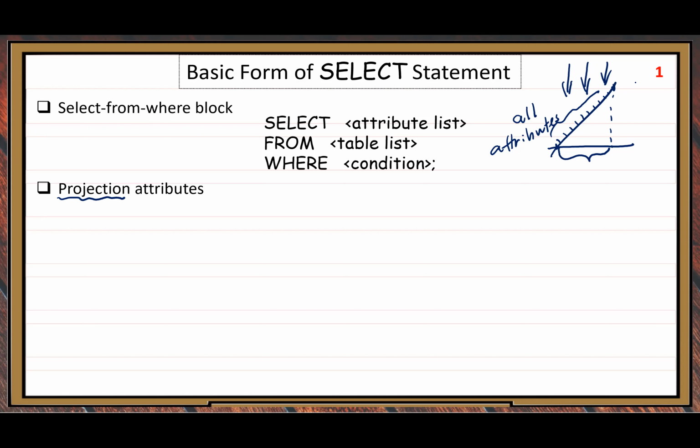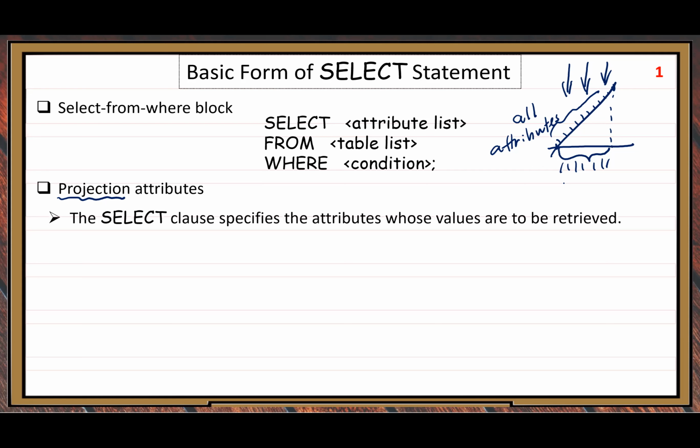So we only show those attributes that our users are interested in. That part of all the attributes corresponds to the projection attributes. So that concept we use here.